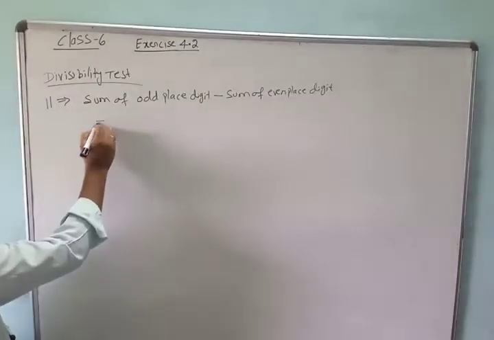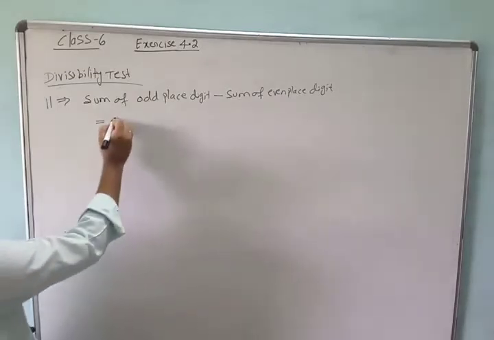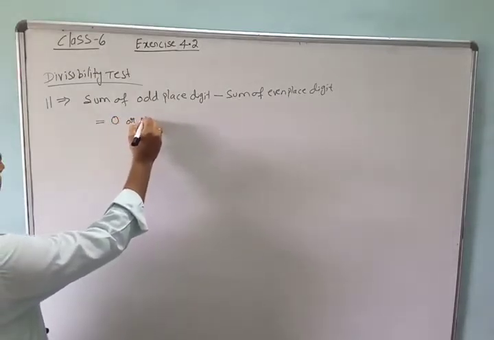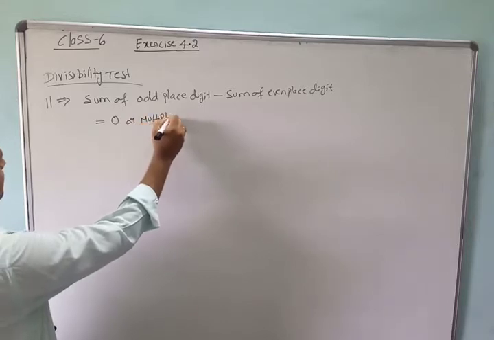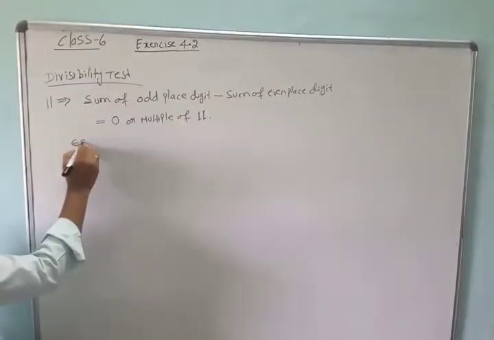If the difference is 0 or a multiple of 11, then we can say that the number is divisible by 11, otherwise no.